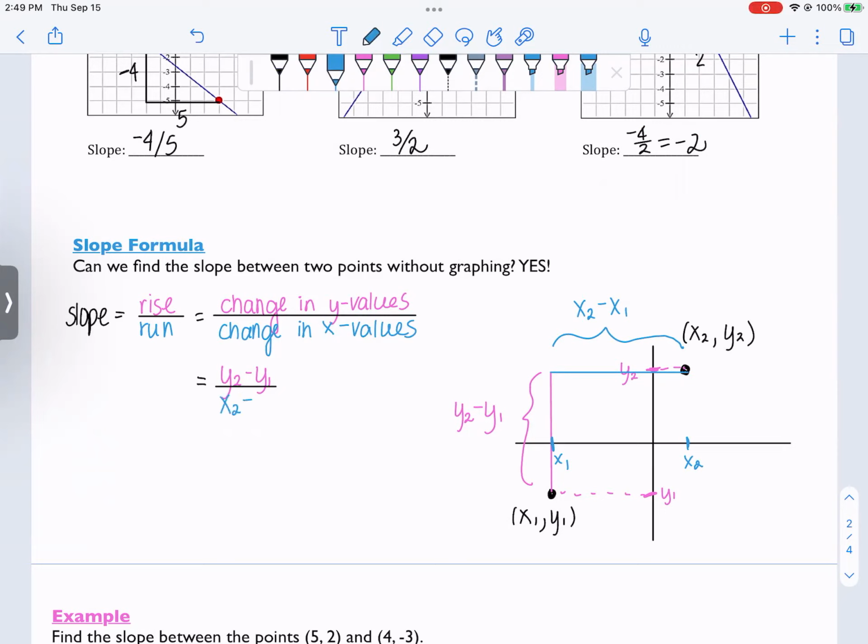And that is our change in x values. So that's what our slope formula ends up looking like. If you have 2 points, x1, y1, and x2, y2, then you can use the formula slope is equal to y2 minus y1 over x2 minus x1.